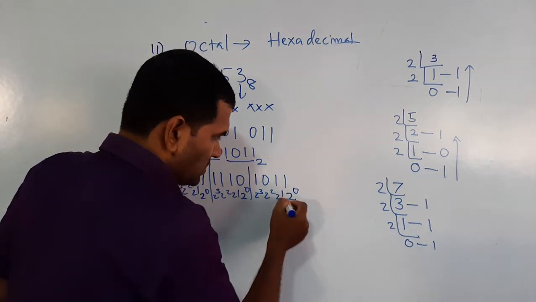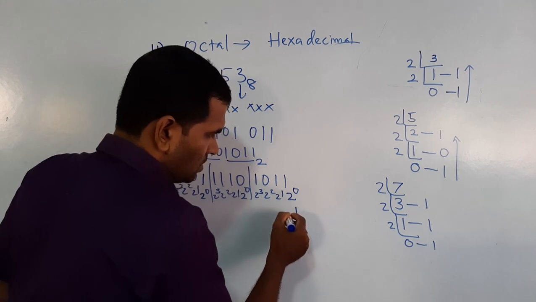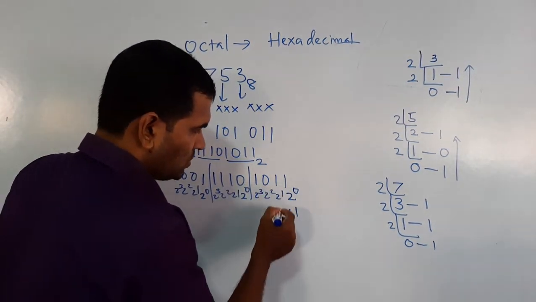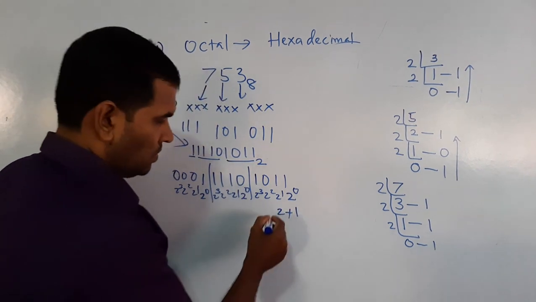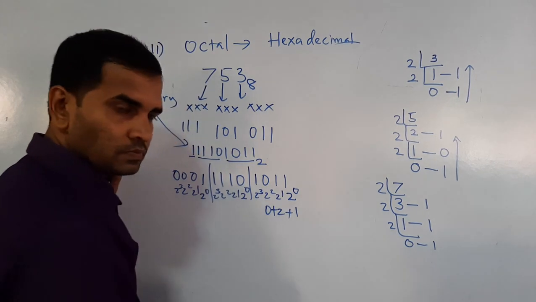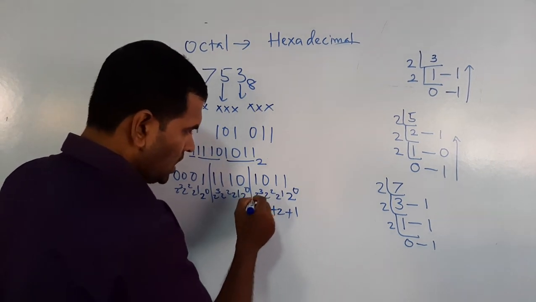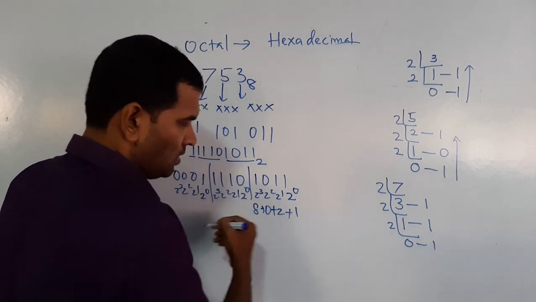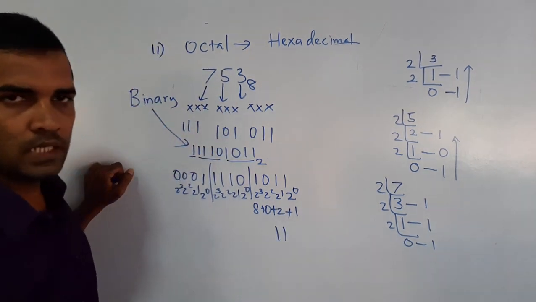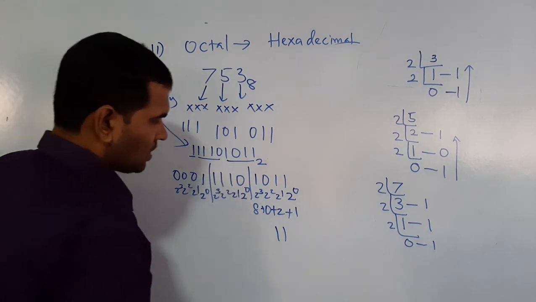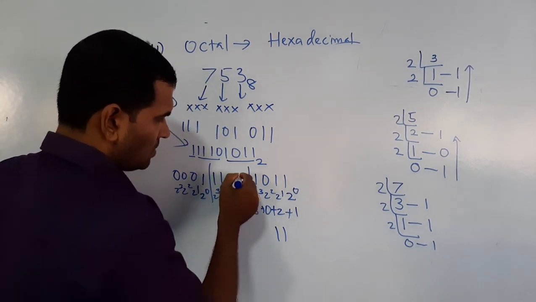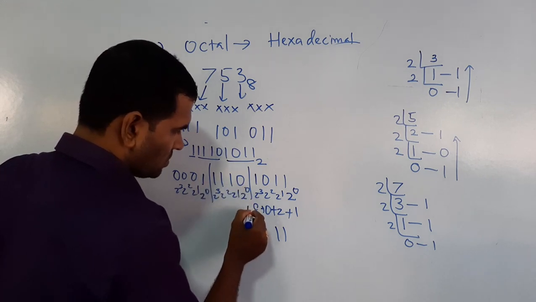2 to the power 0 is 1, 1 into 1, 1. Plus, we have to add the numbers, so plus 2 to the power 1, 2, 2 into 1, it's 2. Plus 2 to the power 2, 4, 4 into 0, it's 0. 2 to the power 3, 8, 8 into 1, 8. Add all the numbers together, it is 11. Right? Then look at the second group. First position, 2 to the power 0, 1, but there is 0, 1 into 0, 0.